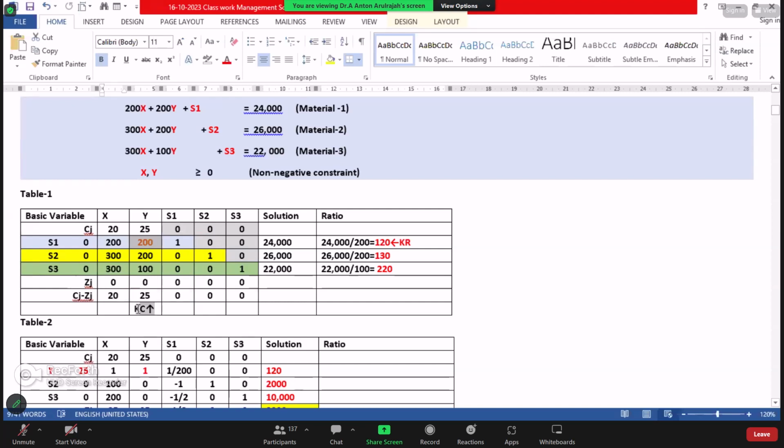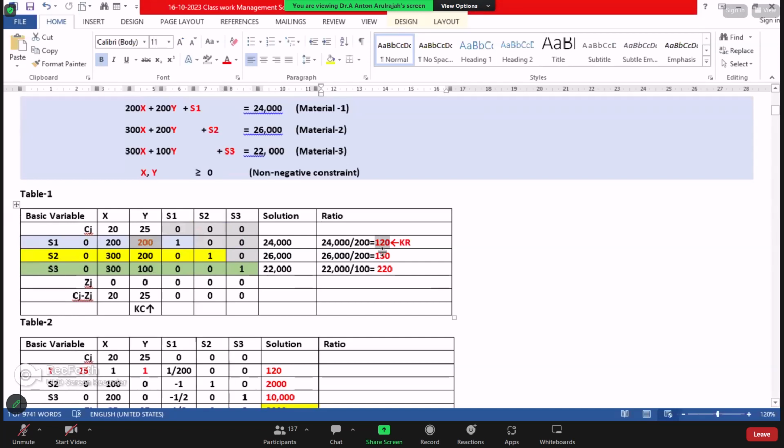Then for key row selection, we are taking the ratio. So what does the ratio mean? You see the first resource, the first material available is 24,000. If you divide by 200, that means 120 units we can produce. That is the information. This is the ratio 120.